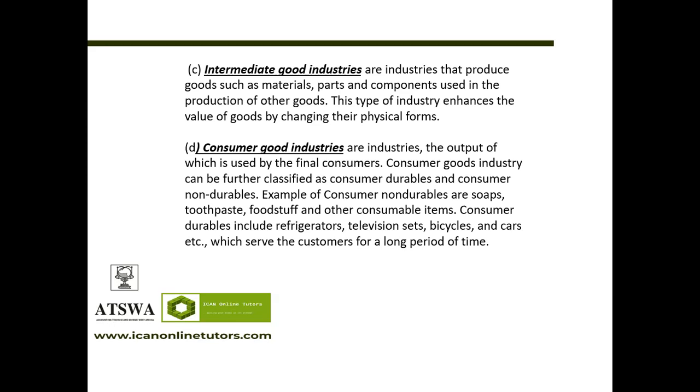The output of the intermediary goods industry will serve as input when you want to produce other goods. Intermediary goods industries are industries that produce goods such as material, parts, and components used in production of other goods. This type of industry enhances the value of goods by changing their physical form.